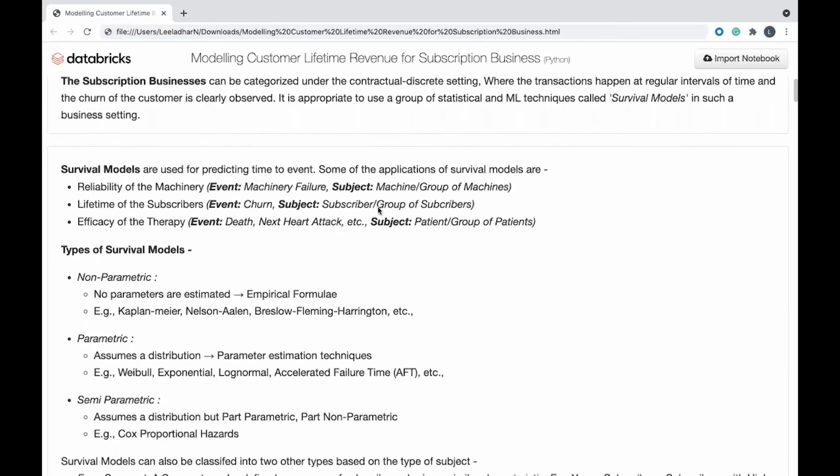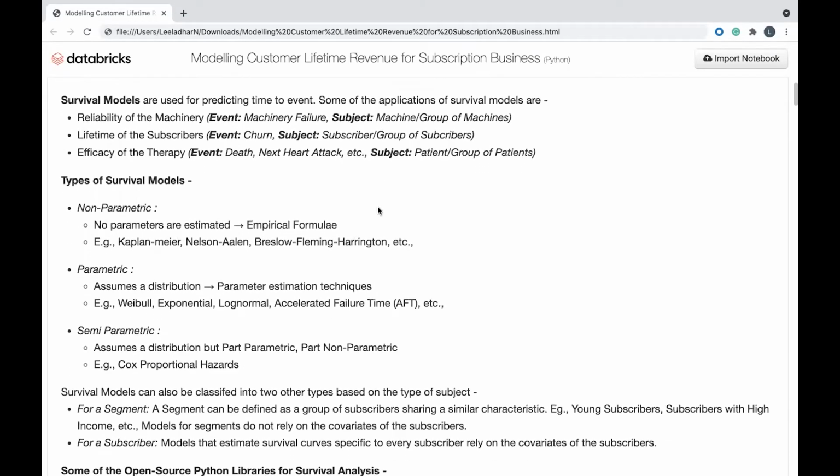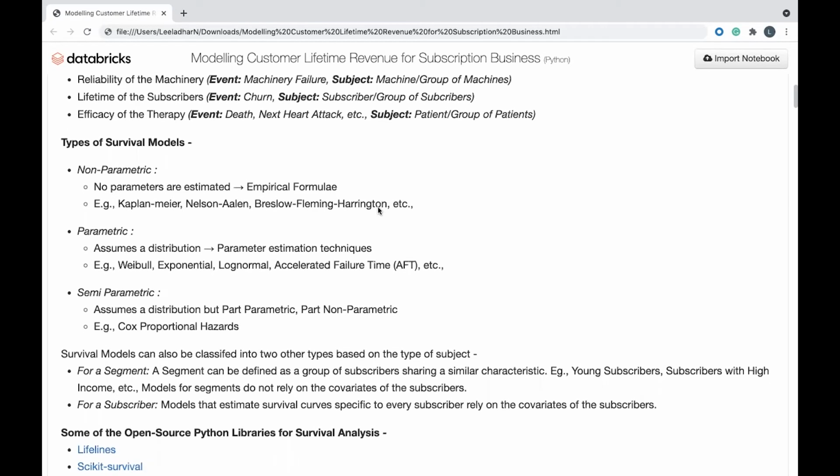As I have mentioned, survival models are of three types: parametric, non-parametric, and semi-parametric. Apart from these, survival models can also be classified into two other types: models which can be adjusted for covariates and the ones which cannot be.